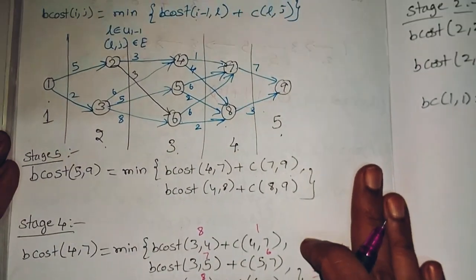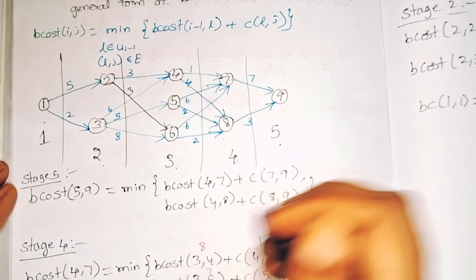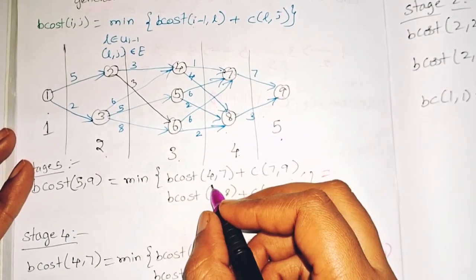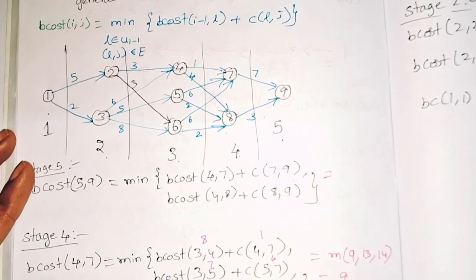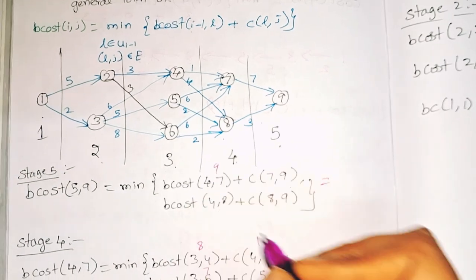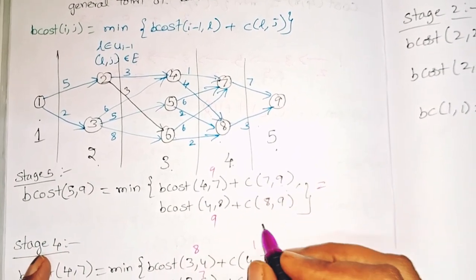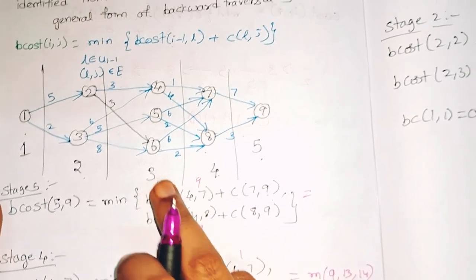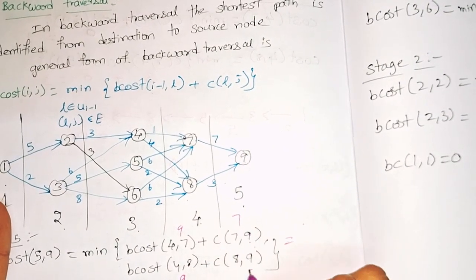Similarly, we will solve this one also. Minimum of backward cost of 4 comma 7 and 4 comma 8. What are the values here? 4 comma 7 is 9, and 4 comma 8 is also 9. So C of 7 to 9 is 7, and 8 to 9 is 3.